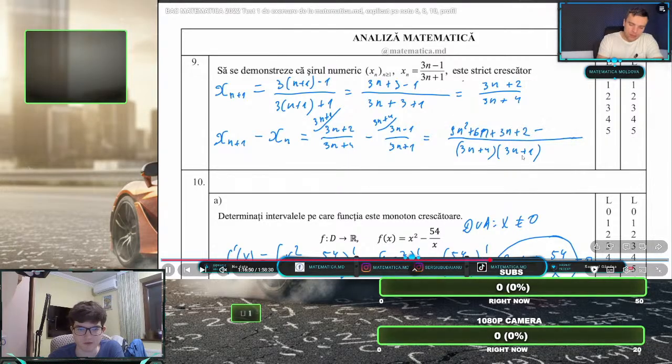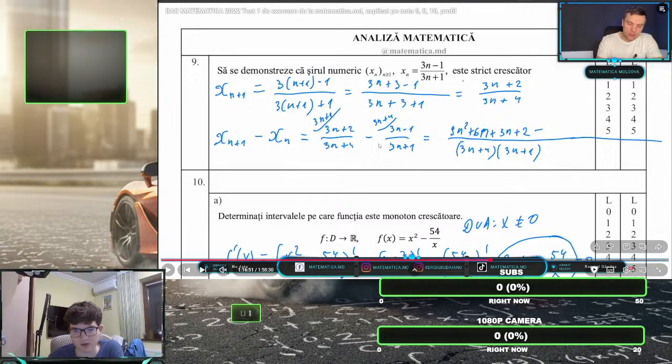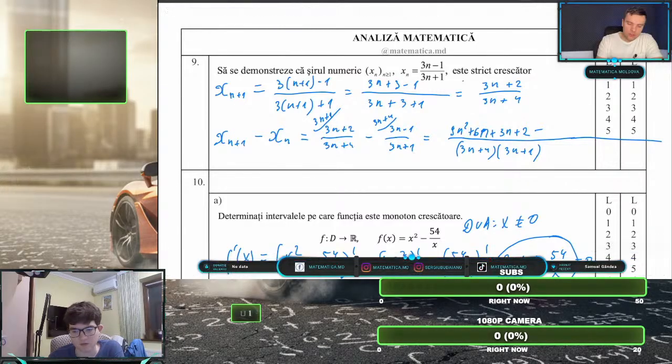It's going to be exactly this: 3n times 3n is 9n to the second power, plus 3n times 2 is 6n, 3n times 1 is 3n, plus 2 times 1 is 2, minus 9n to the second power, minus 3n plus 12n minus 4, something like that.